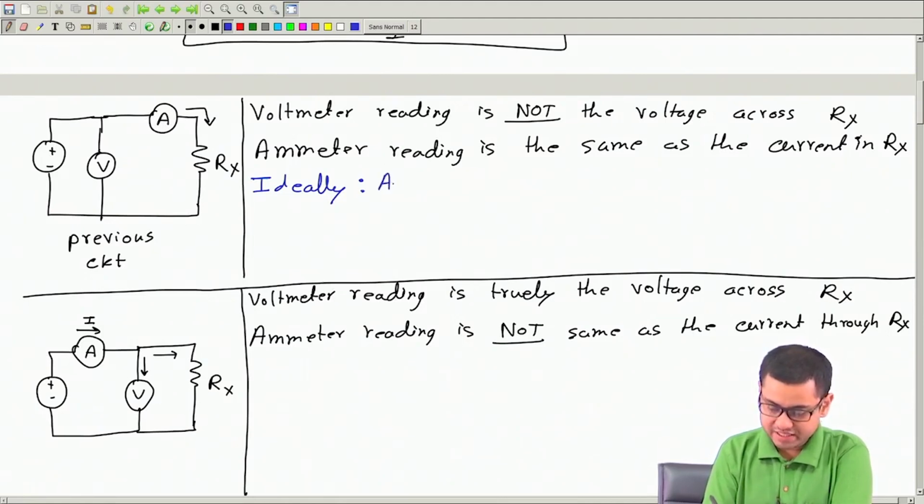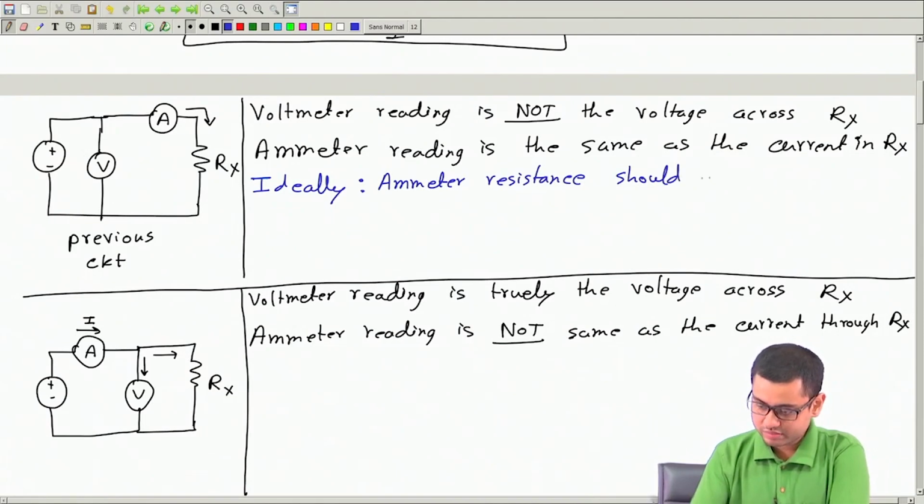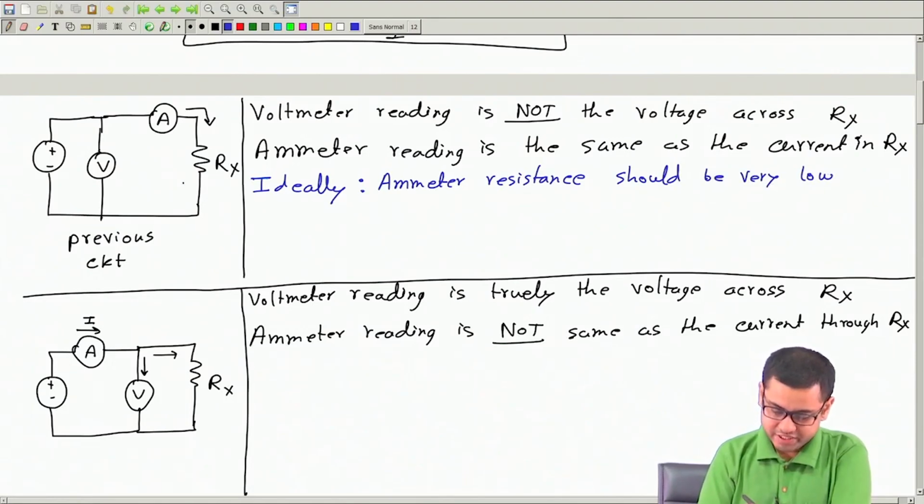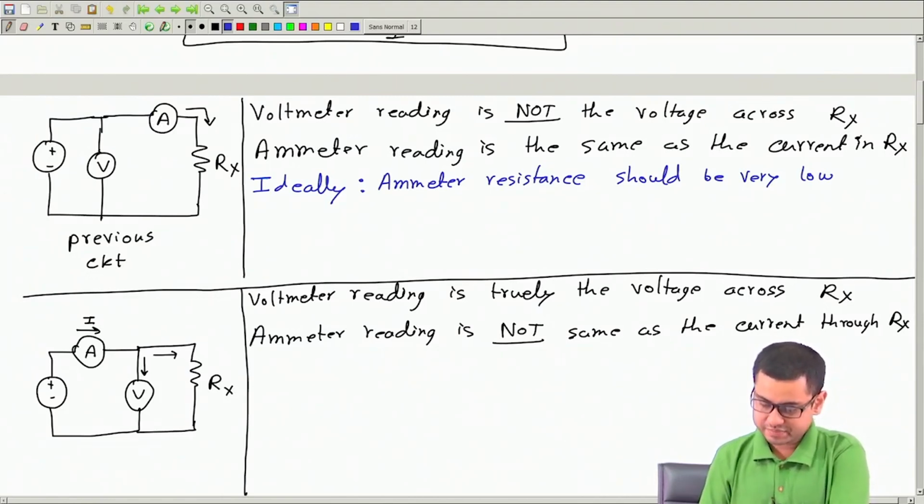So ammeter resistance should be very low. Therefore the voltage drop across the ammeter should be negligible compared to Rx.